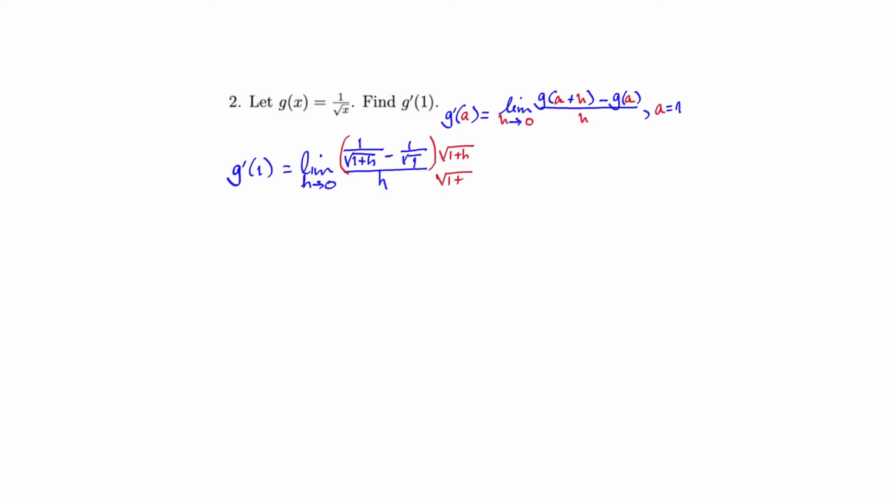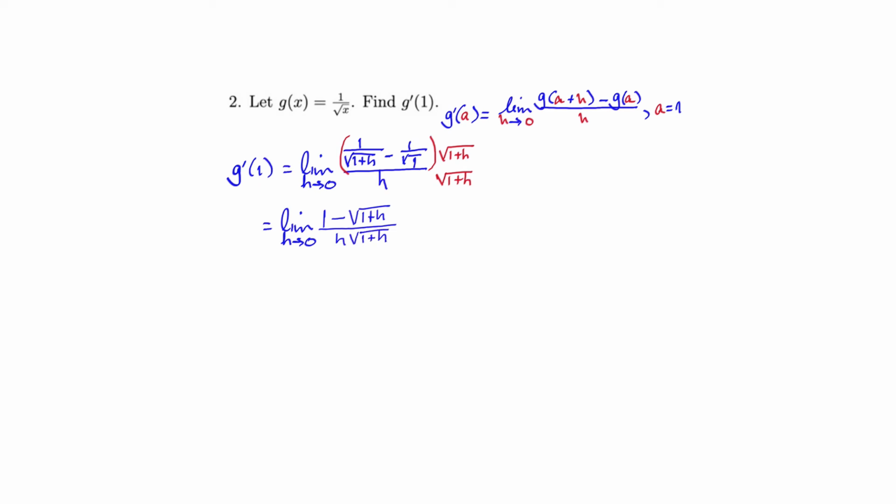That's the least common denominator, so I'm multiplying the top and the bottom of the big complex fraction by that least common denominator. And so then I have the limit as h approaches 0, and now the numerator, when I multiply across by the square root of 1 plus h, I get 1 minus the square root of 1 plus h. And then in the denominator, I leave it factored.